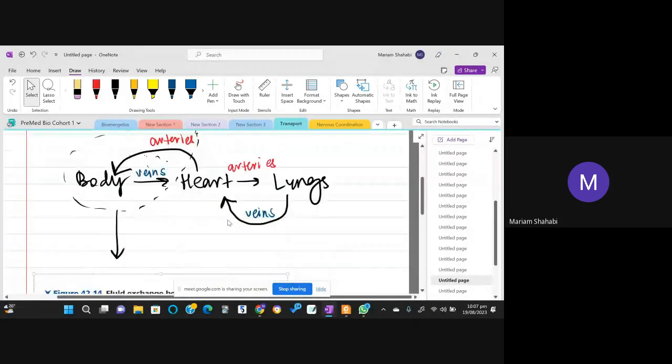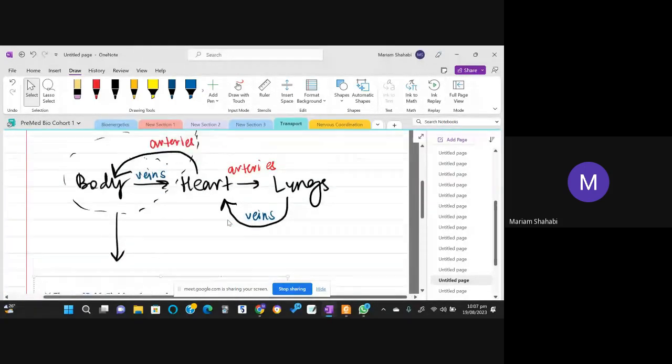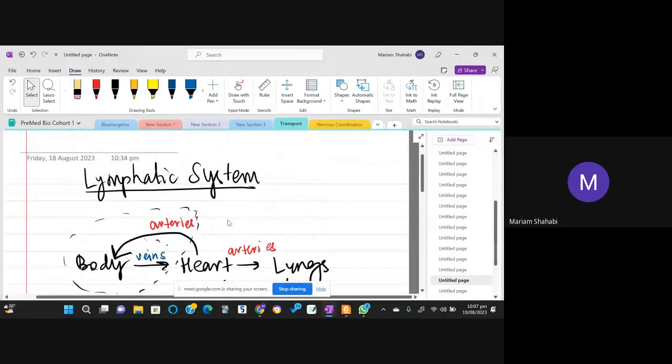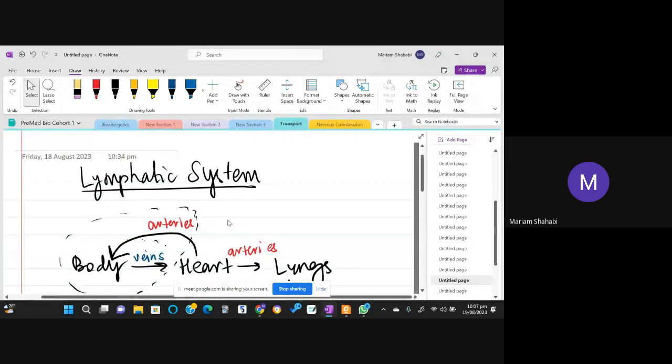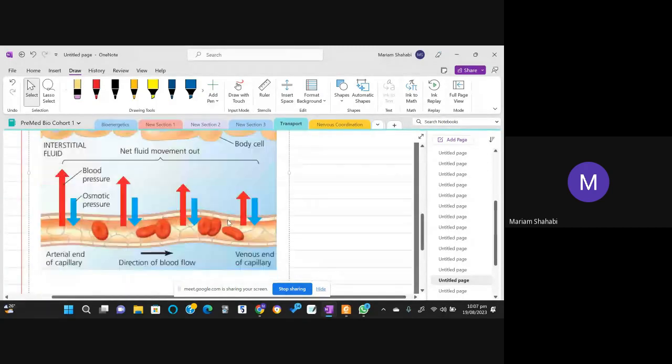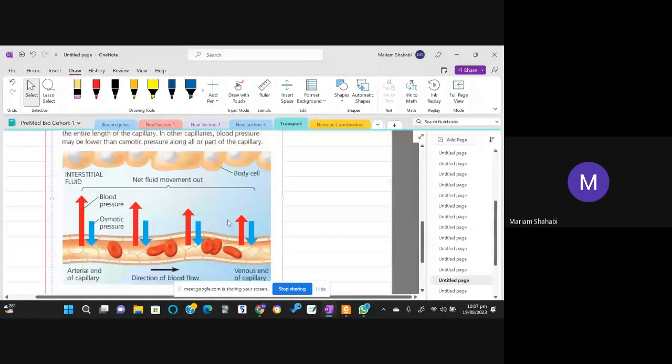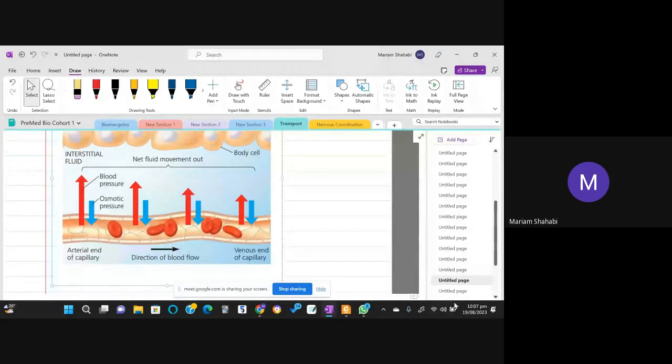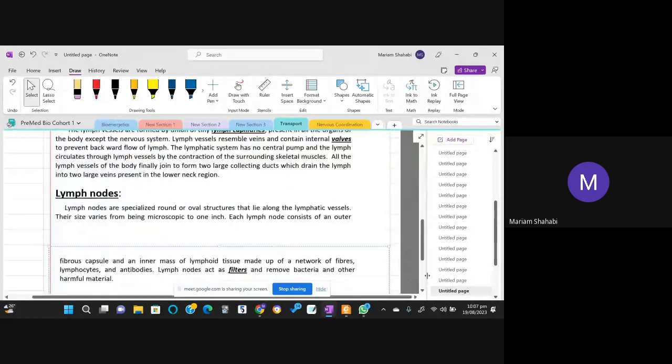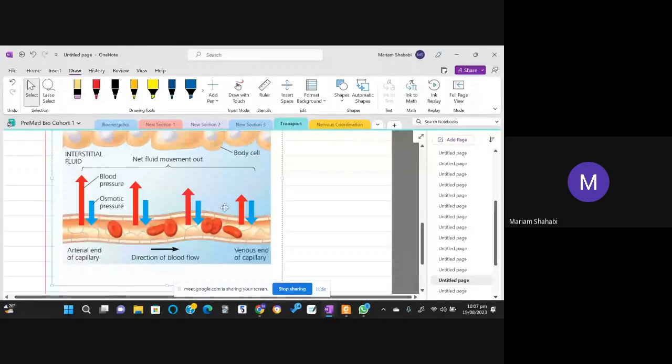So far we've just seen what is happening at the level of the heart. The heart has pumped blood and pushed it out to the body. After that, what happens is, this diagram is fine for me.